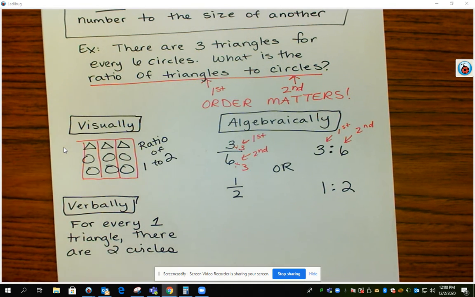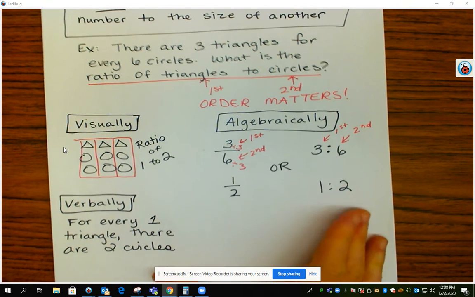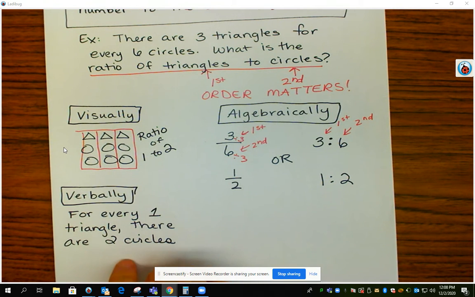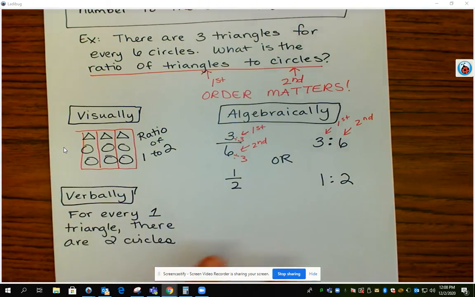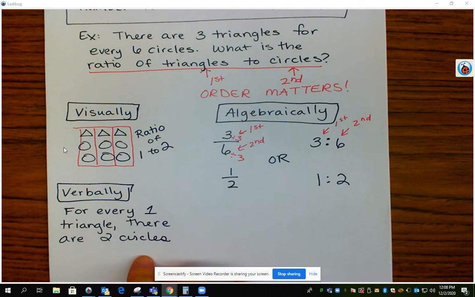Sometimes one or the other of these methods resonates with your brain better. Some people need to see it visually, some people need to hear it said that way, some people need to see the fraction, but the goal is for us to eventually be able to use all of these different representations to understand what a ratio is.